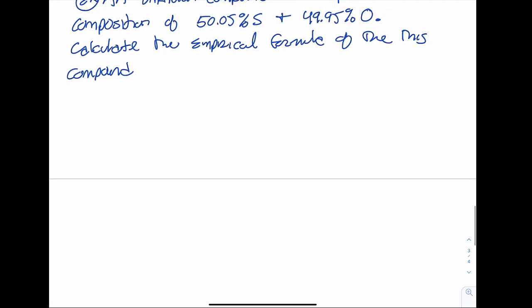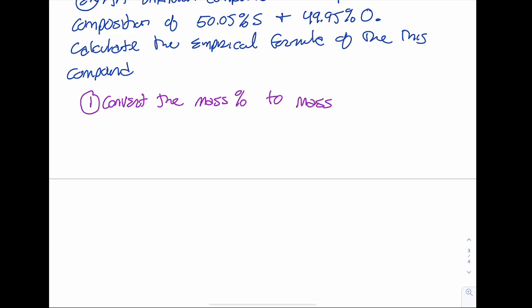So the first step, we'll do some steps here, is we want to convert the mass percent to mass, and we want that in grams. The easiest way to do this is to assume that you have a 100 gram sample total.